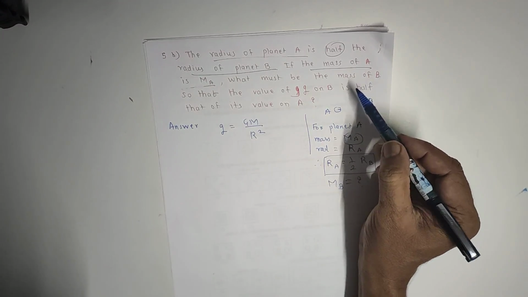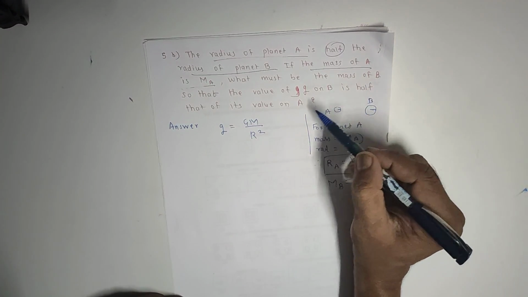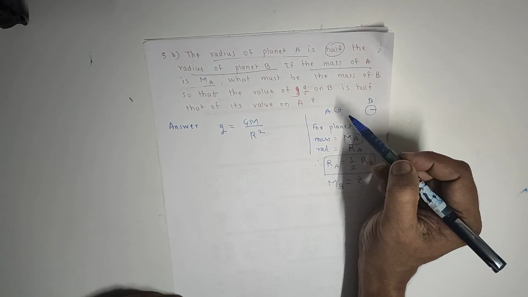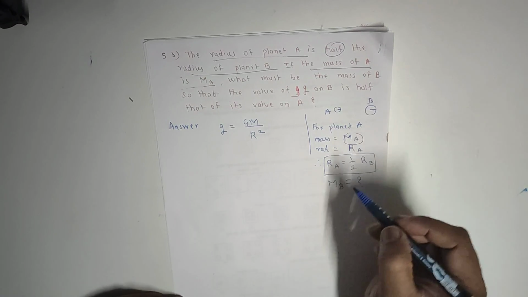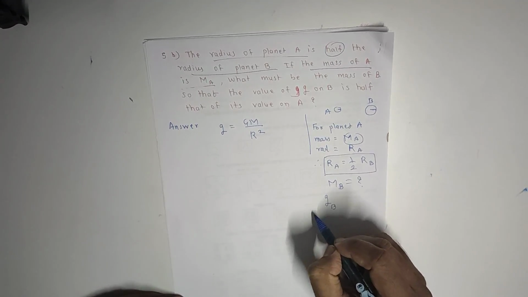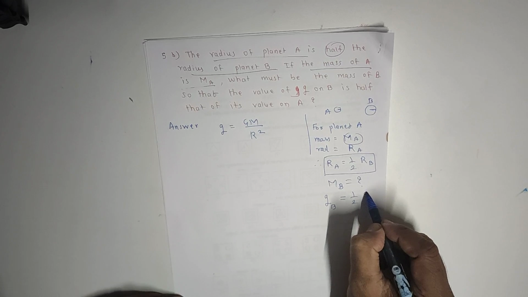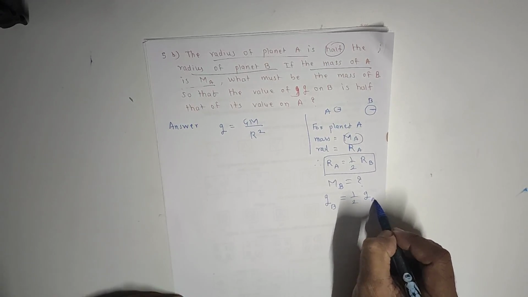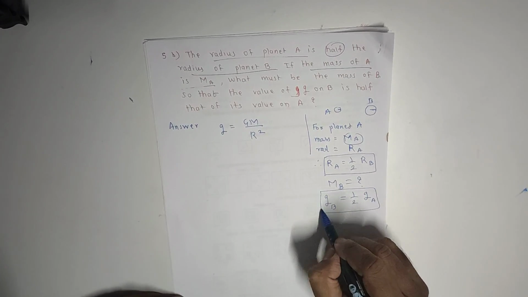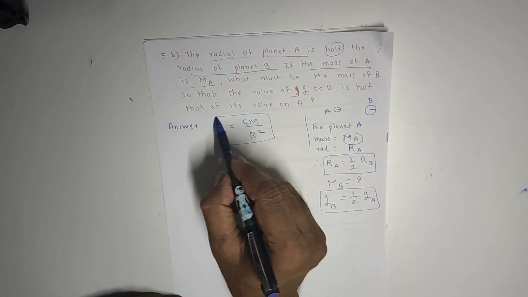So that the value of g on B is half that of value on A. Again, we are given the value of g at B, means planet B, is half the value of g on A.